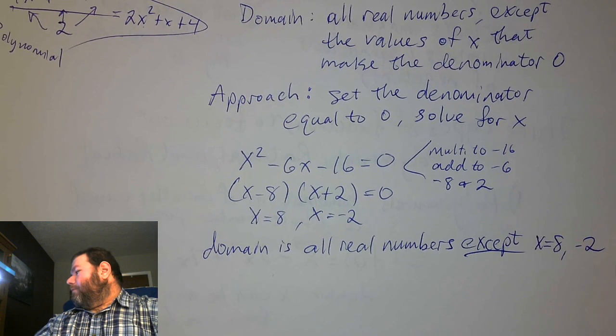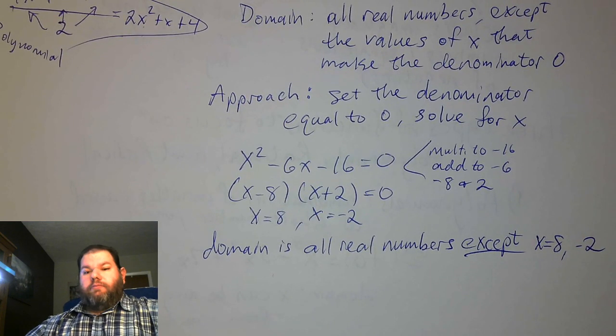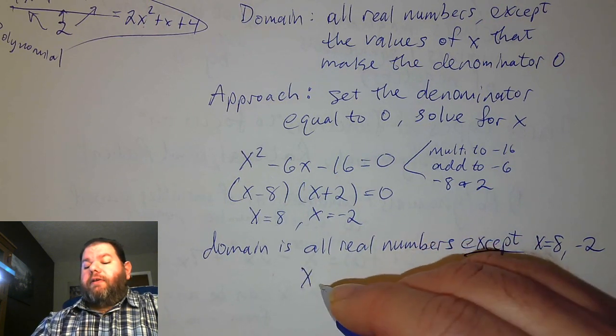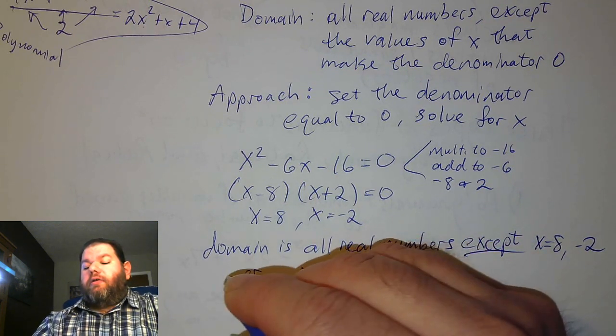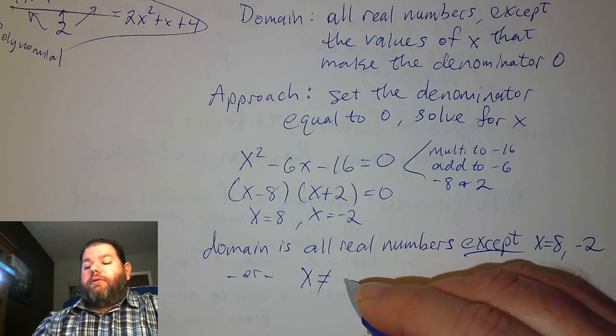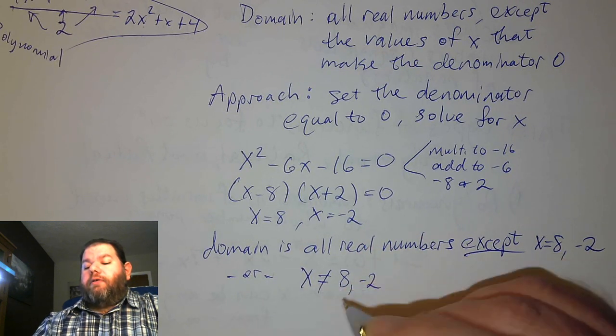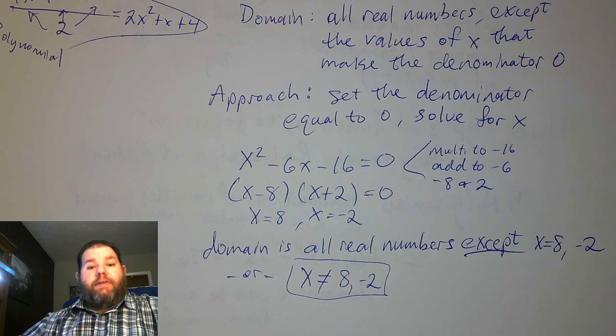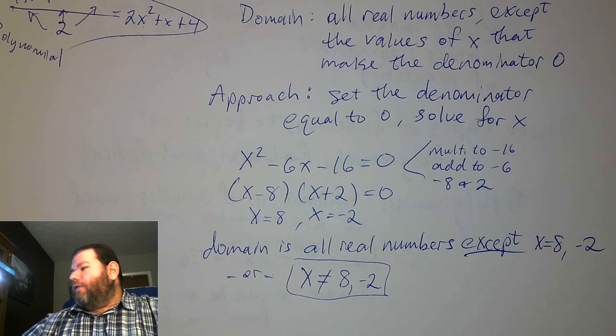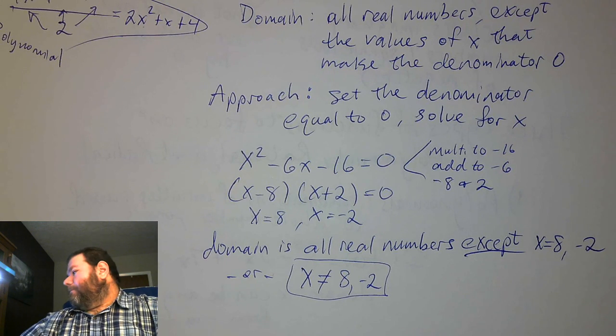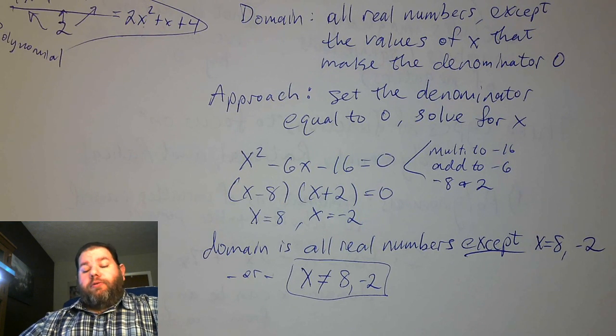The other way that we could write that is just x is not equal to 8 or negative 2. That's generally a more concise way of expressing that answer. If this ends up being a multiple choice question, that's probably how I'll express the answer in the multiple choices, with the not equals sign.